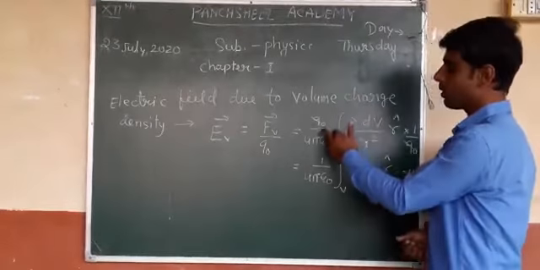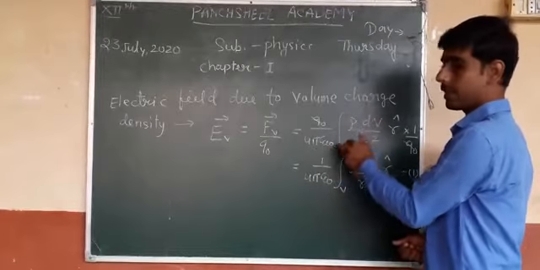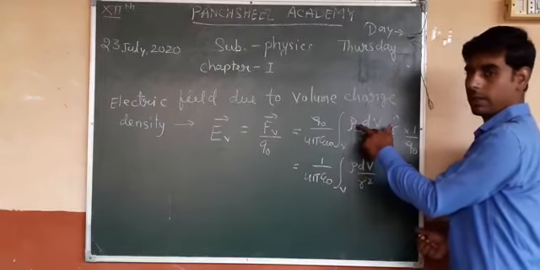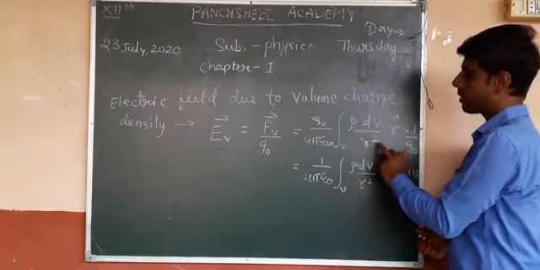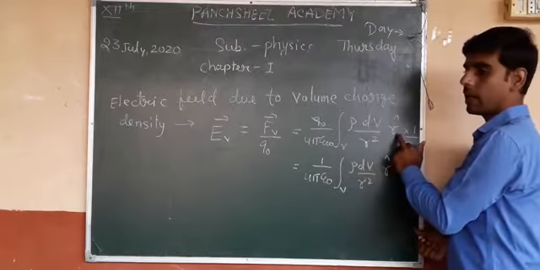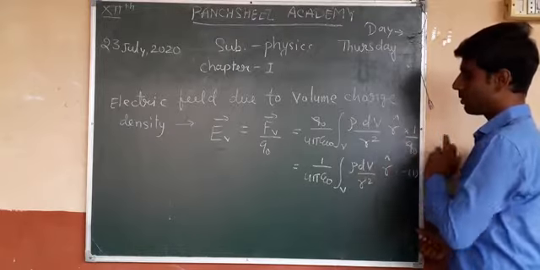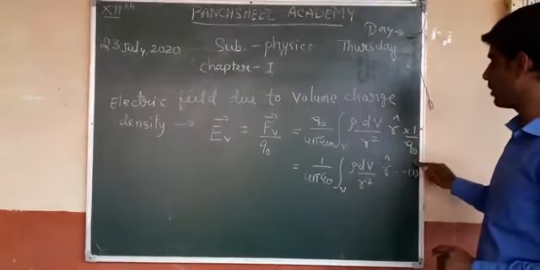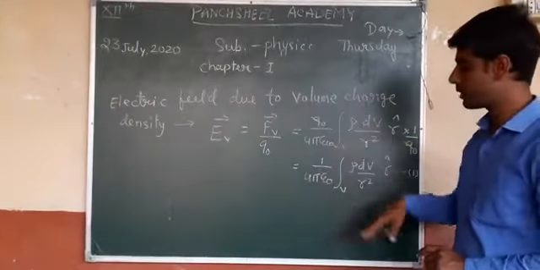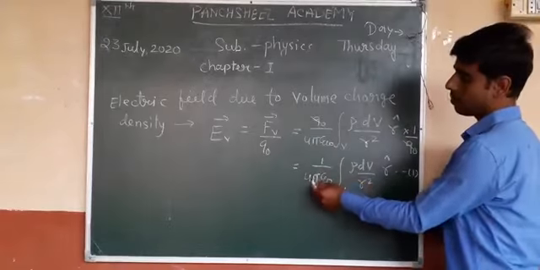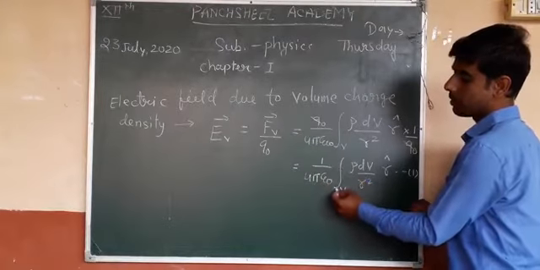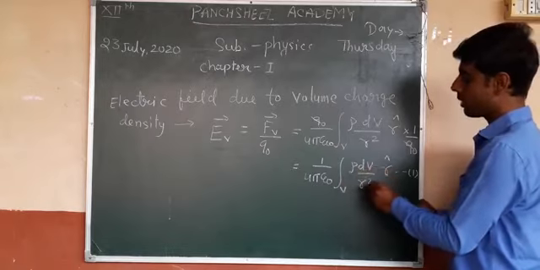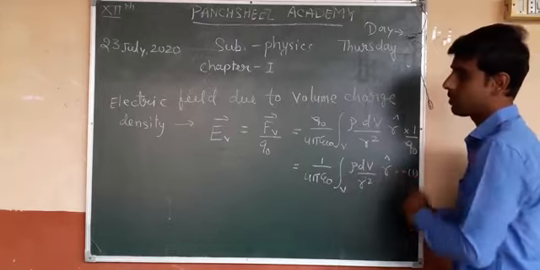Fv is q naught upon 4 pi epsilon naught, integration over the whole volume, rho dV upon r square, r cap. This is divided by q naught, so q naught cancels out, and the remaining is 1 upon 4 pi epsilon naught, integration over the whole volume, rho dV upon r square, r cap. This is the first equation.